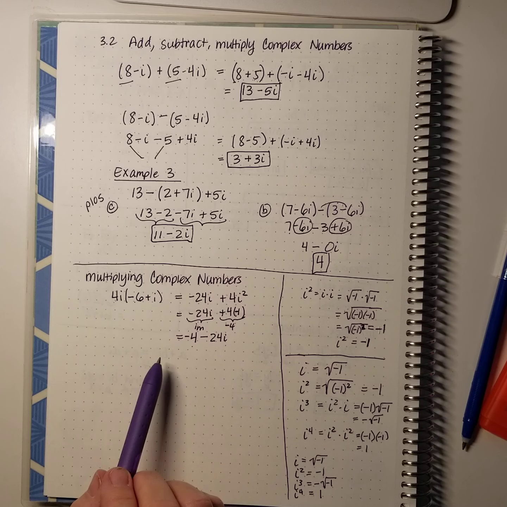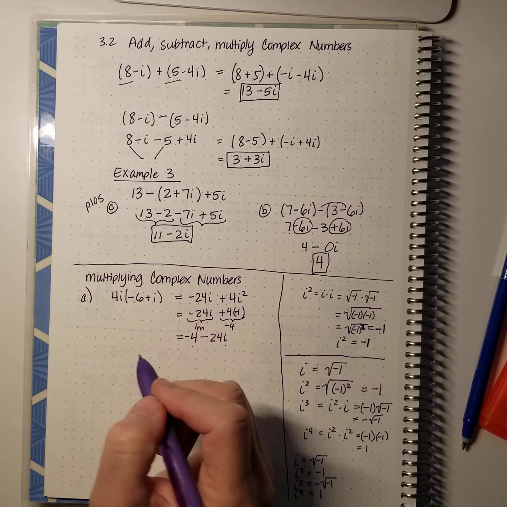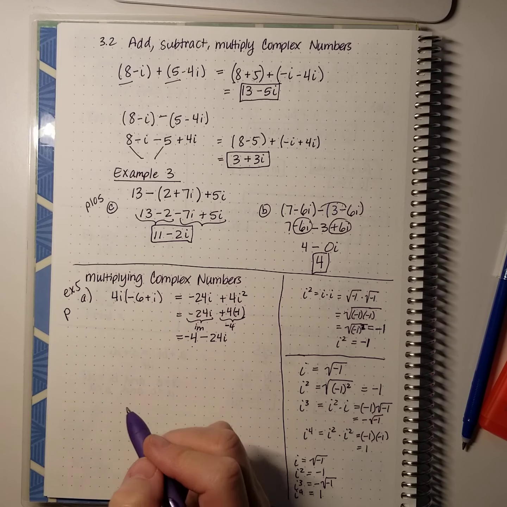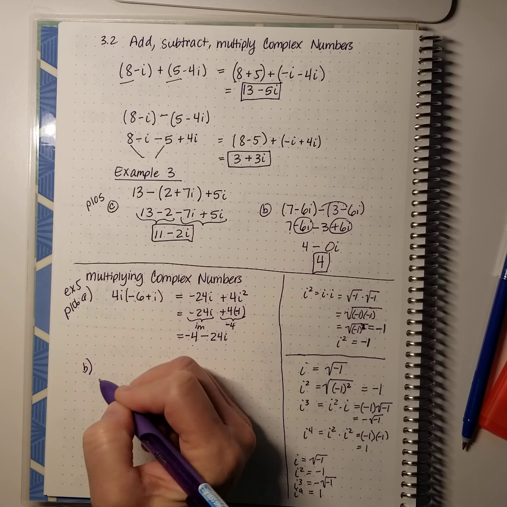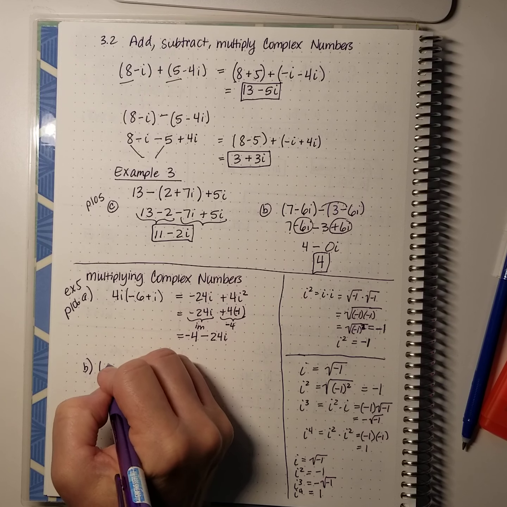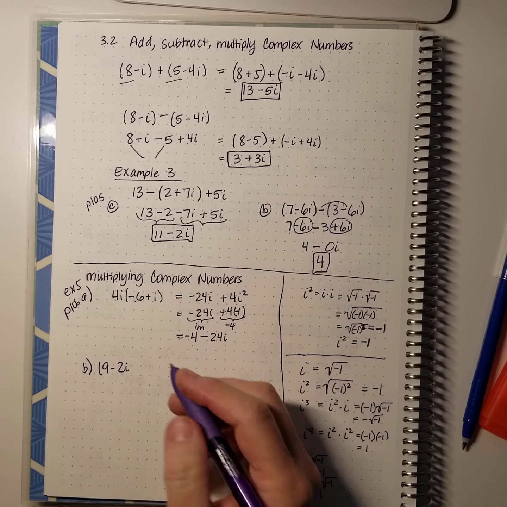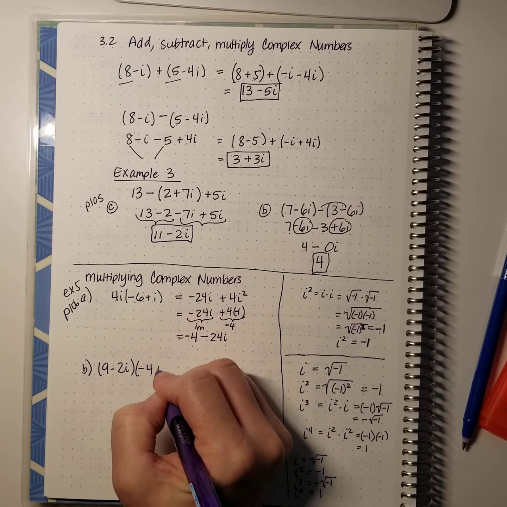Okay, let's do another multiplication. This was part A under example 5 on page 106. Let's do B. So B says 9 minus 2i times -4 plus 7i.